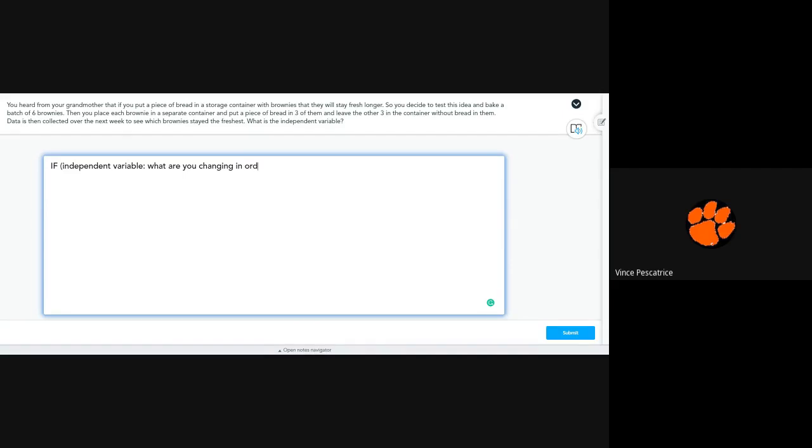in order to cause an effect. Then your dependent variable comes in, and that is what will change.